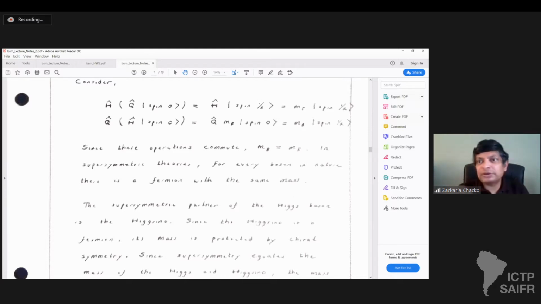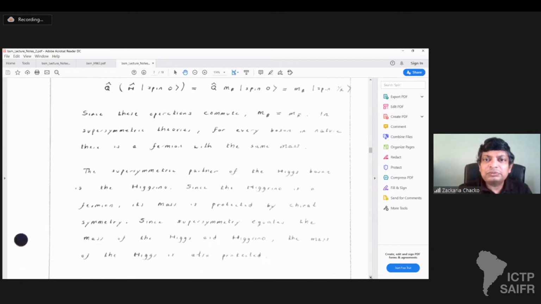There's no way out of that. So that means in the supersymmetric theory, for every boson in nature, there is a fermion with the same mass. That just follows out of pretty much the definition of the theory.